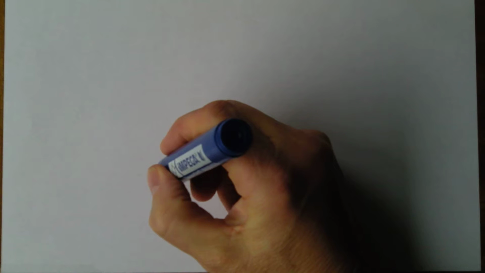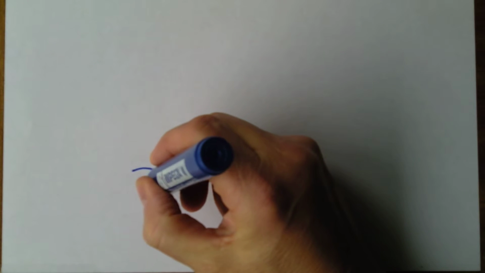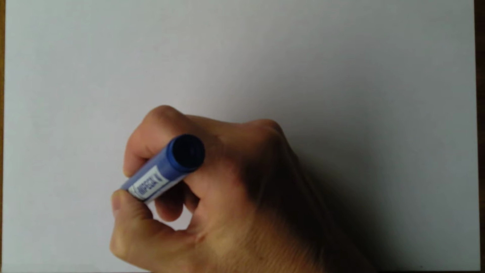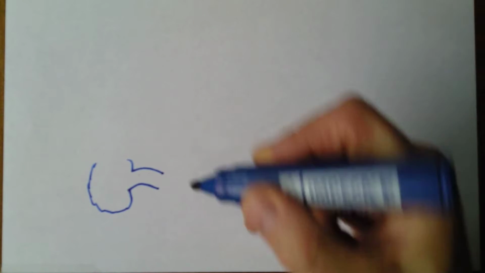Now the last part of the small intestine is the ileum, and this goes into the first part of the large intestine, which is the cecum. So this would be the ileum here.